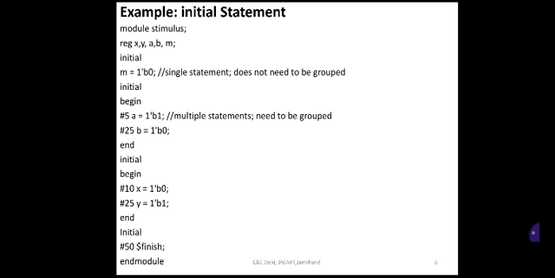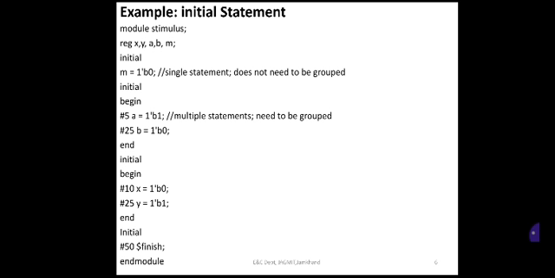That means it is the end of the simulation. All 4 initial blocks start concurrently at time 0, but they are not going to finish at the same time. They are independent of each other. The first initial block finishes exactly at time 0 itself, because there is no delay here.